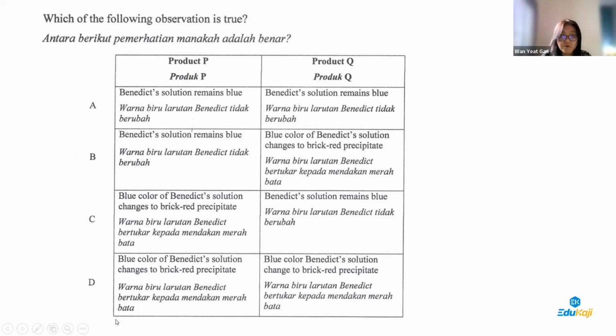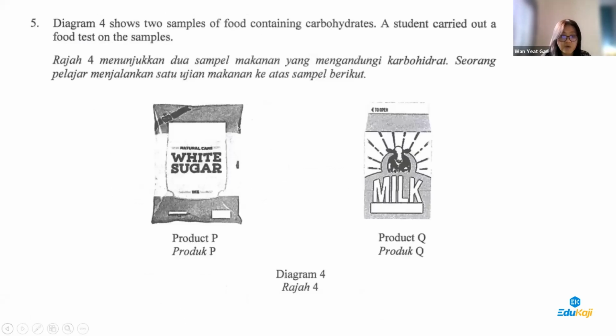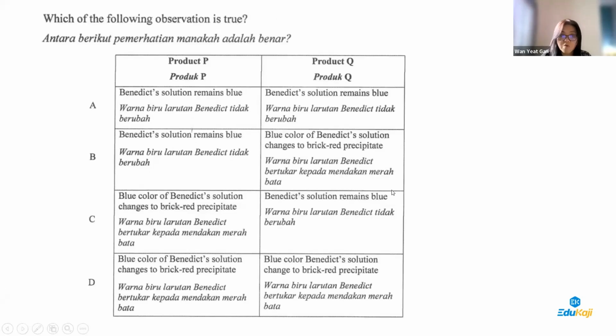For protein, you use Millon test. For P, the white sugar, it will change the blue Benedict solution to red precipitate, while for product Q, the color does not change because it is a protein, and for protein you need to use Millon test. So the answer is C.